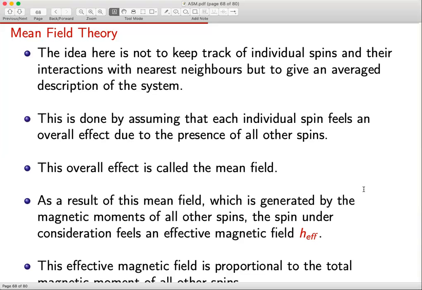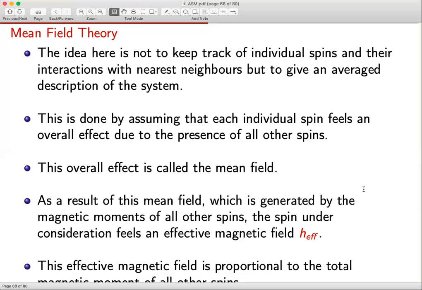Now what we are going to do is say that instead of having a complicated interaction like S_i dot S_j, summing over all nearest neighbors, every individual spin, besides seeing the external magnetic field, also sees an overall effect generated by all other spins inside the system.